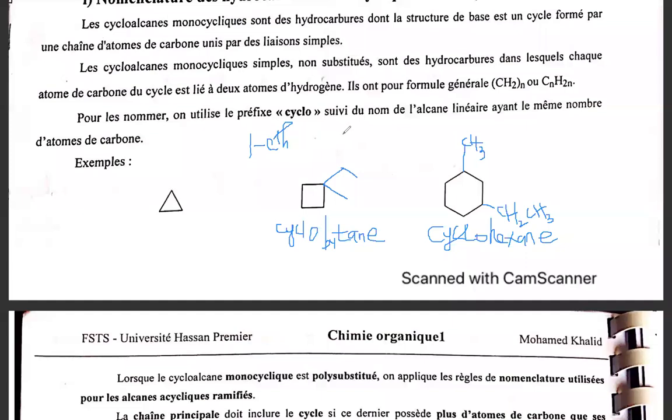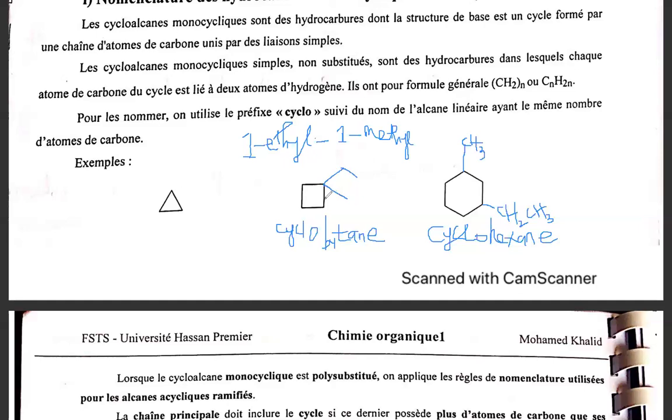Again, at position number 1, you have a methyl there. And it will be called 1-ethyl-1-methylcyclobutane.